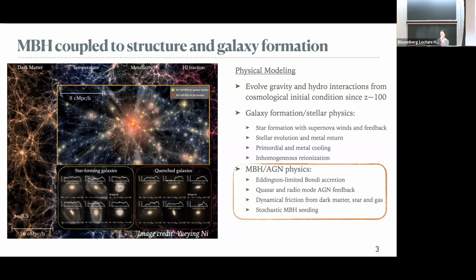And it's also partly because this way we can efficiently quench the massive galaxies. So it's both a physically motivated thing and phenomenologically you need that to produce the correct scaling relation and the galaxy quenching.